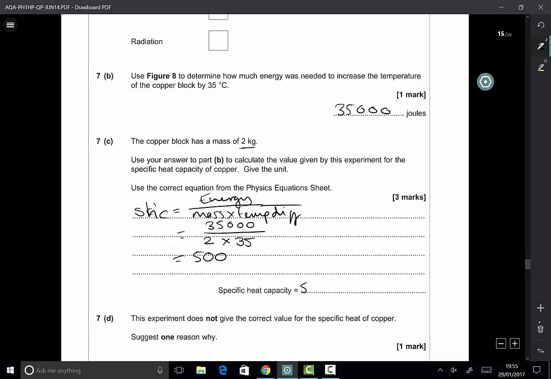So that bit's nice and easy, but we've also got to give the unit. Now I can't easily remember the unit for this one, but what I need to do in that case is look at the equation. I know that the unit for energy is joules. Divide by means I put a slash in there. Mass in kilograms and temperature difference in degrees C. So that will give me a correct unit working through the equation.